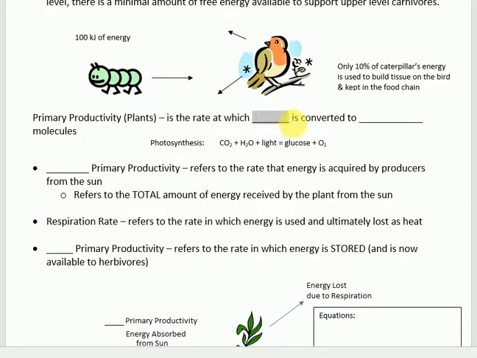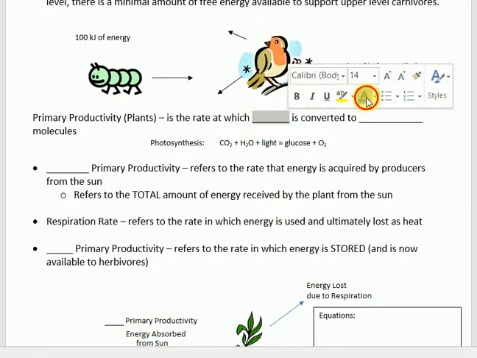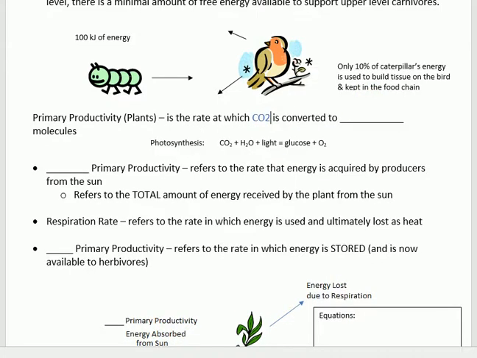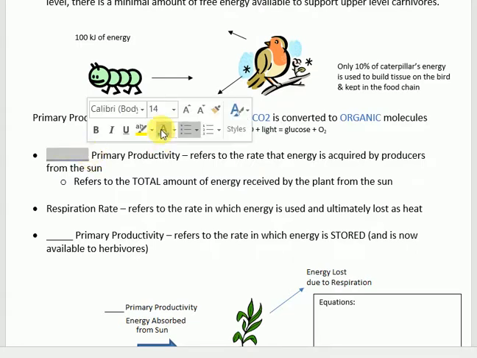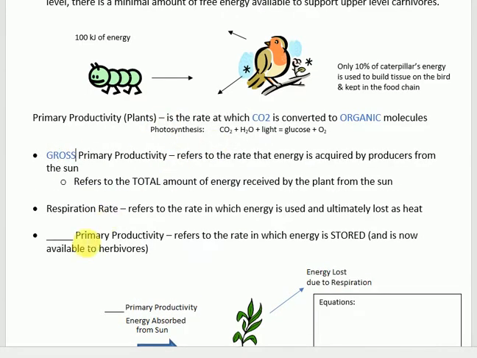So primary productivity in the plants is going to be the rate at which CO2 is converted into organic molecules. So we have gross primary productivity, and then we have net primary productivity.